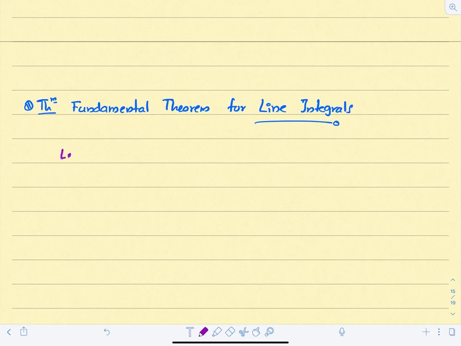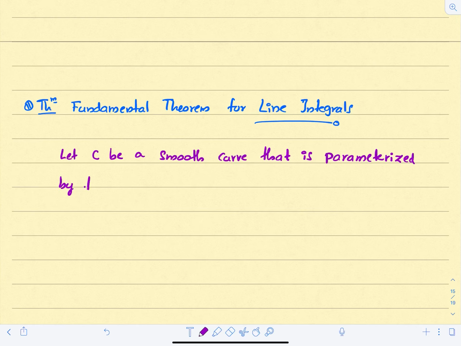So we have a curve, let C be a smooth curve that is parameterized by the vector function c of t for t values that are in between a and b.